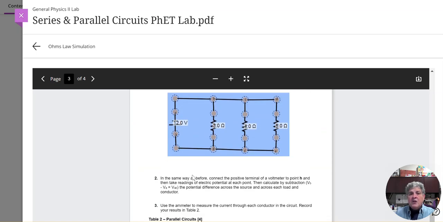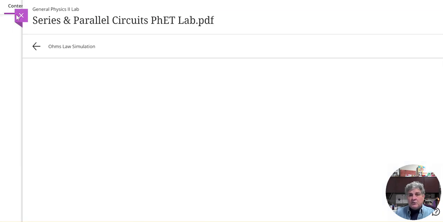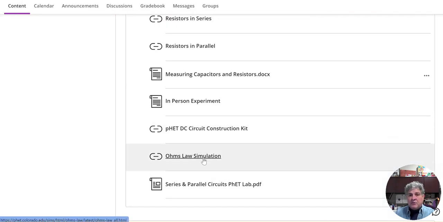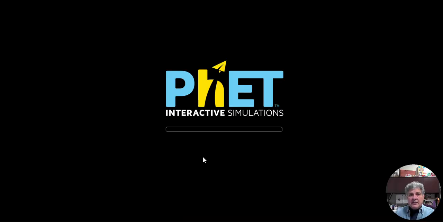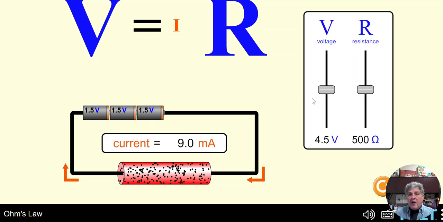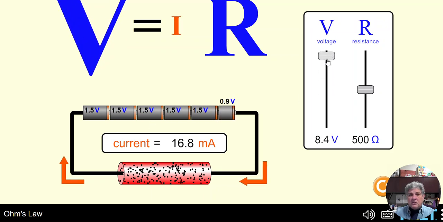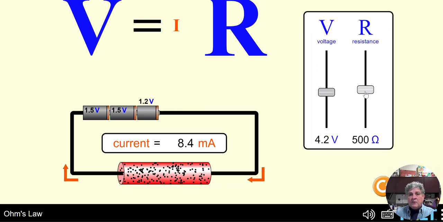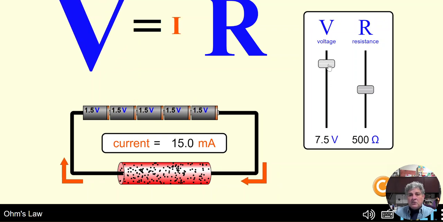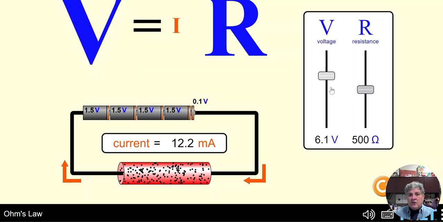So just to give you an idea as to how to do this, what we're going to do first is we'll go to the Ohm's law lab simulation so that you can click in. You'll actually see this particular simulation in there. And you can see how, as you adjust the voltage, you'll see the change in the current as you see the resistance.